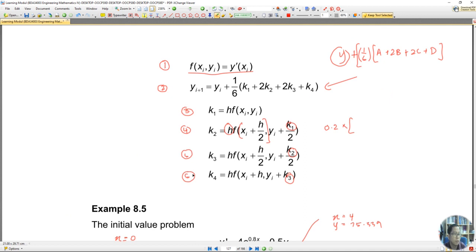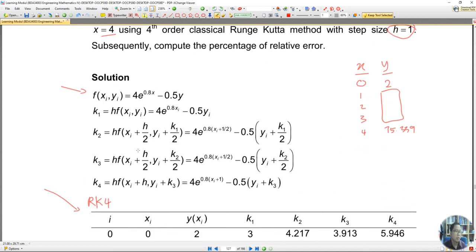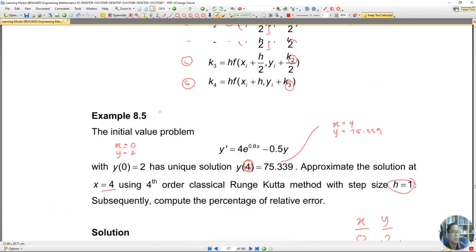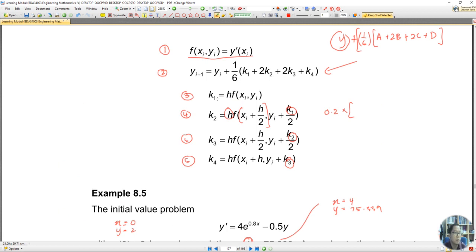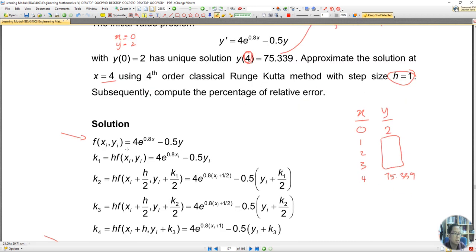The function is 4 multiplied by e power of 0.8x minus 0.5y, where for k1 you have to multiply the function f(x,y) with h.